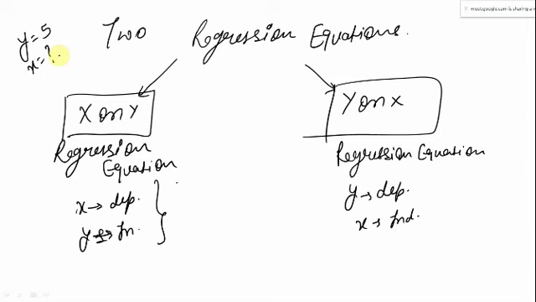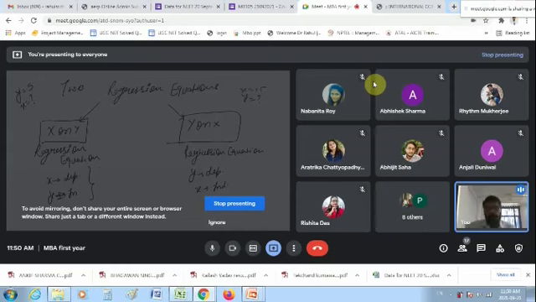X on y, because in x on y, x is dependent and y is independent. In y on x, y is dependent and x is independent. Similarly, if x is given as 15 and y is being asked, I'll be using this. Is there any problem till now? No, sir.